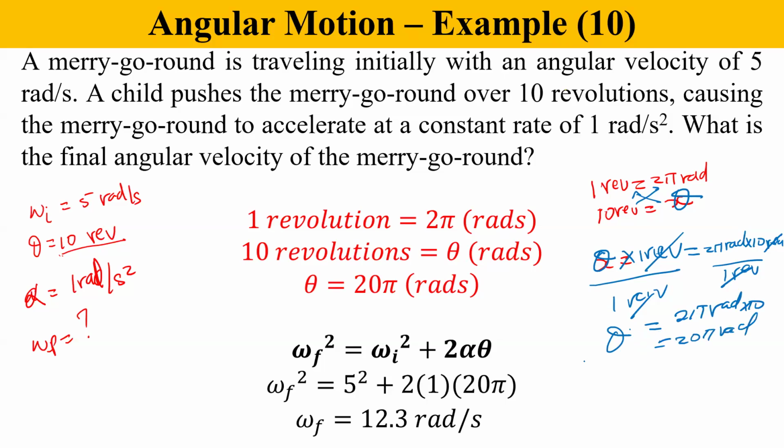So it's your choice. If you want to convert with rev, you go 2 pi rad divided by 1 rev, and then you multiply it by the 10 rev. This is how the text has been teaching you to do it. You cancel that, so 10 times that.